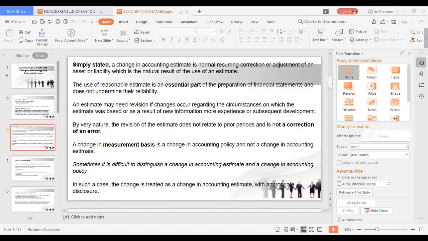The entity used double declining balance method. During January 2020, the entity realized that technological advancements had made the computers virtually obsolete and that they would have to be replaced. The management changed the remaining useful life of the computers to 2 years.